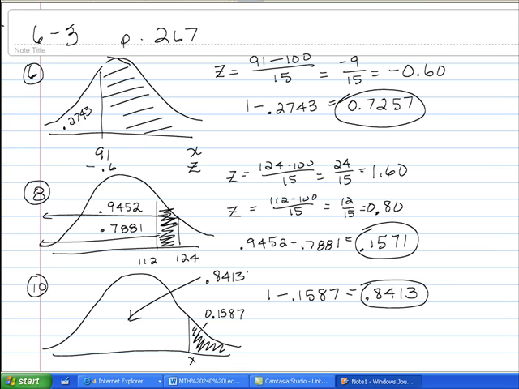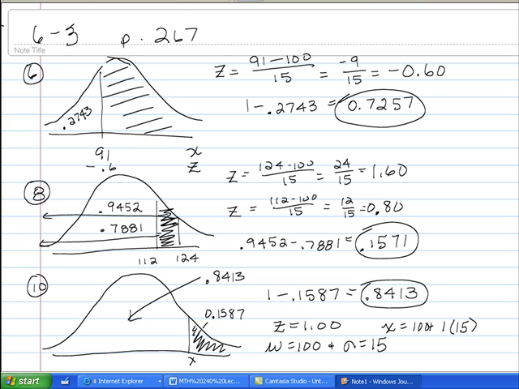Now we need to find x, where mu is 100 and sigma is 15. So to find x, we need 100 plus 1 times 15. So that's going to give us 115 for the IQ score.